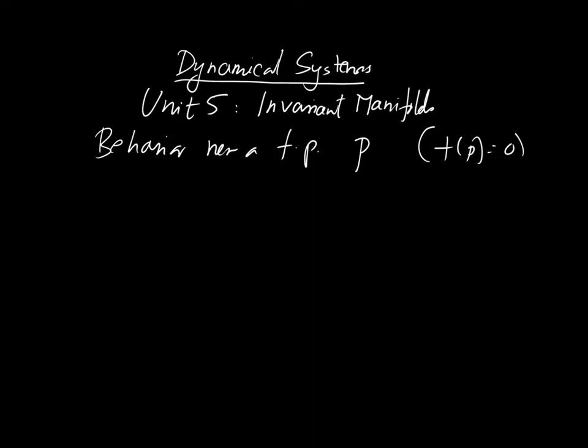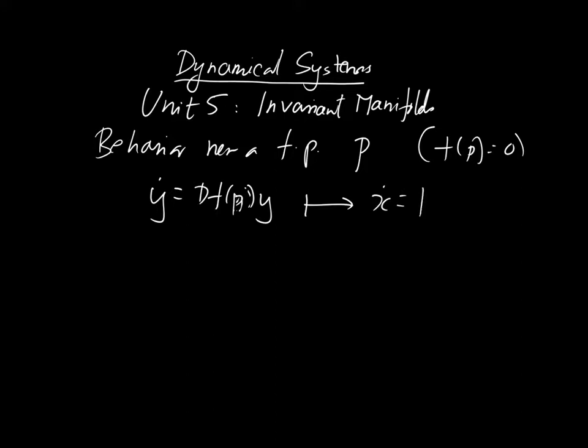And we have the linearization at P, and we can presume that we understand the dynamics of the linearization because we can get it from the spectrum of df of P, which is an n by n matrix.